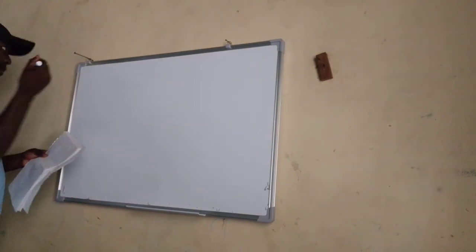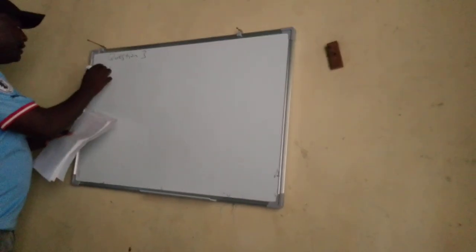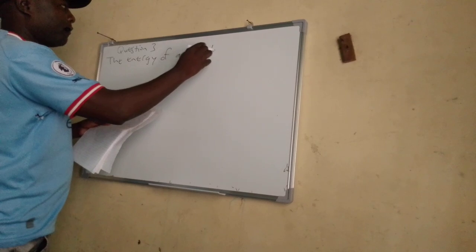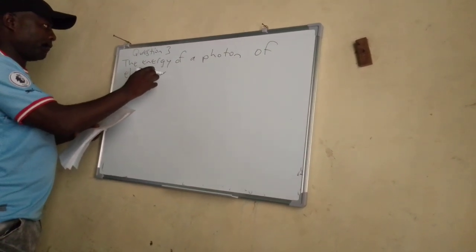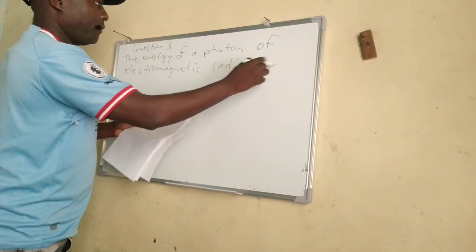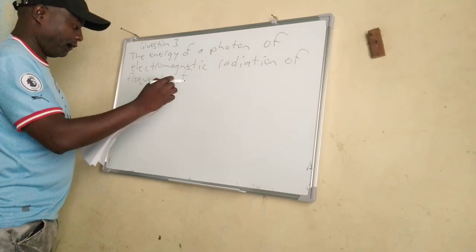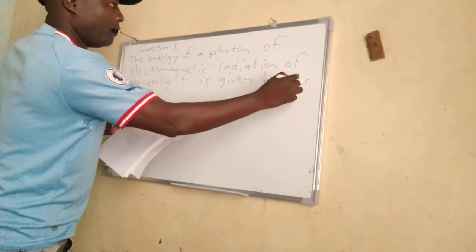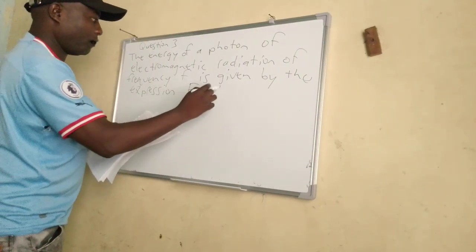Question 3 says, the energy of a photon of electromagnetic radiation of frequency F is given by the expression E is equal to hF.